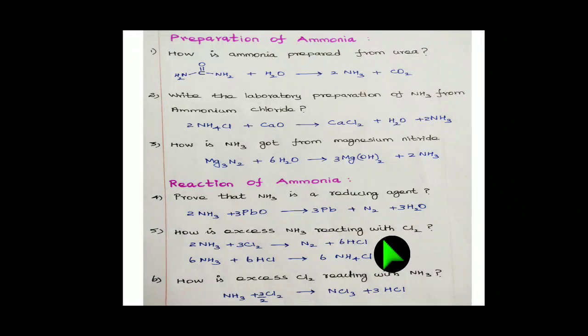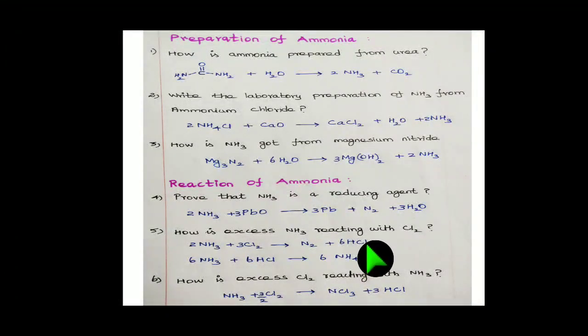Okay. Here make nitrogen 2 at the left side, because on the right side nitrogen is 2, on the left side you put 2. Hydrogen 2 into 3, 6. That's why I put 6 hydrogen chloride. Chlorine right side 6. That's why I put 3 Cl2, for making 6 chlorine.